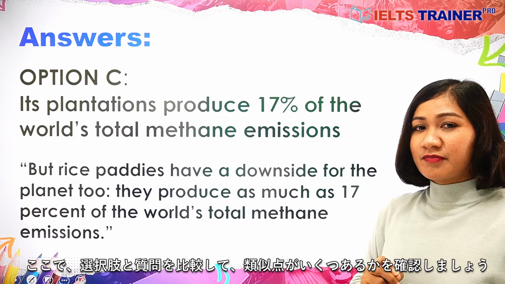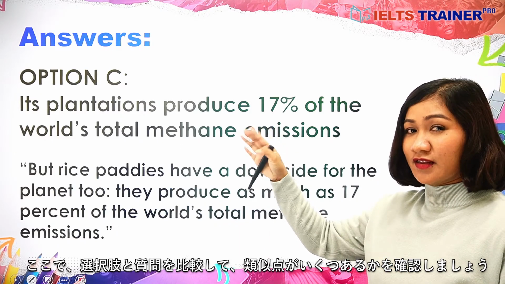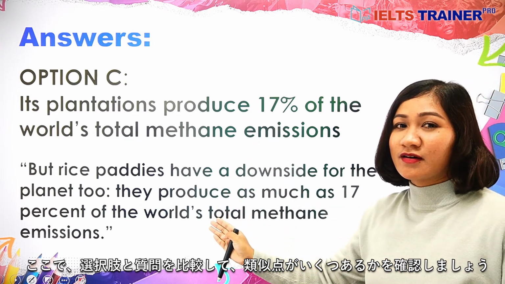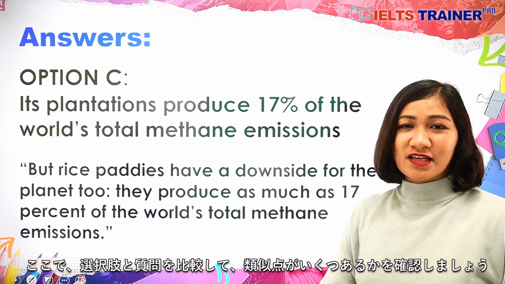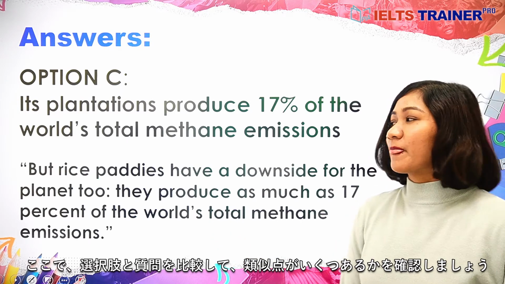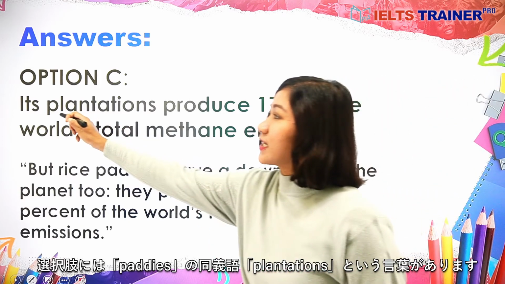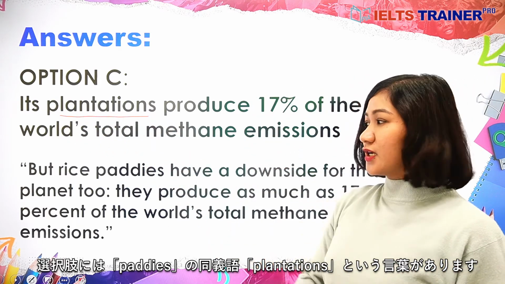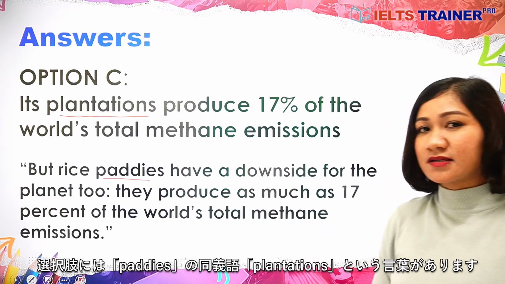Now let us try to compare the option and the question and the sentence from the text and see how many similarities these have. We have the word plantation in the option, which is synonymous to the word paddies.